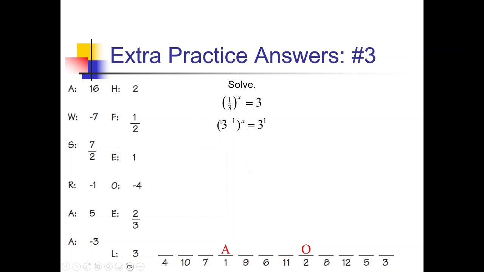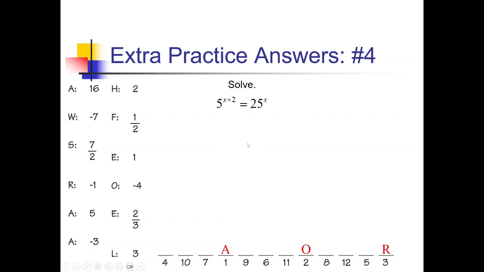If I'm raising an exponential expression to another exponent, I just have to multiply the exponents. So this is 3 to the negative 1 times x, or negative x, equals 3 to the 1. Now I can cancel out those 3s, giving me negative x equals 1. Then dividing both sides by negative 1, I have x equals negative 1. So that's going to be R going in spot 3.